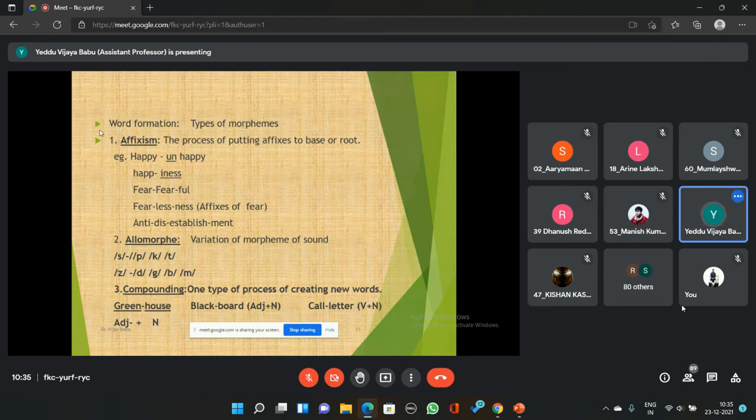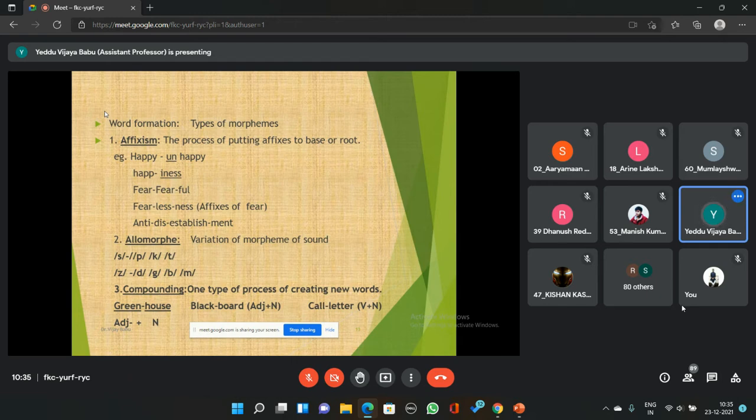Some examples are given for better understanding. Happy is a simple word, a simple morpheme, a free morpheme. Then unhappy and happiness. Fear, like fearful and fearless, and if you add the noun form, fearlessness. Take the word establish as a free morpheme, with prefixes like anti and dis, as in antidisestablishment, but the base word is establish.